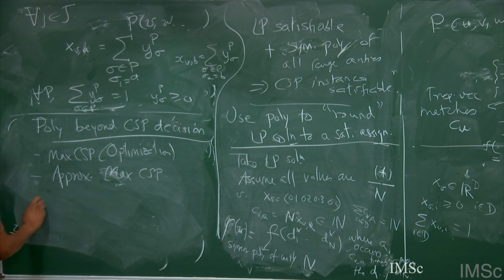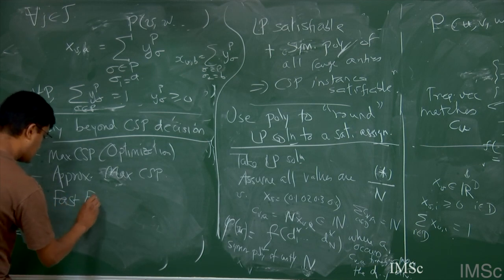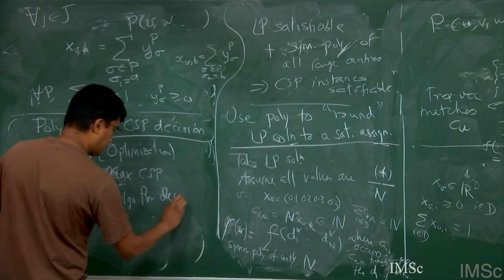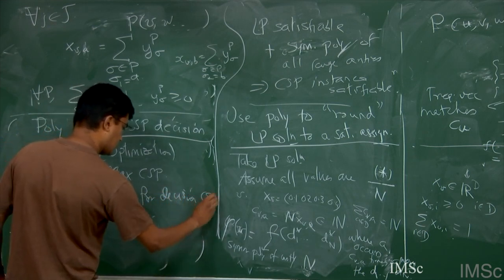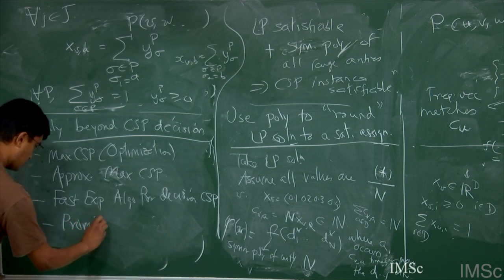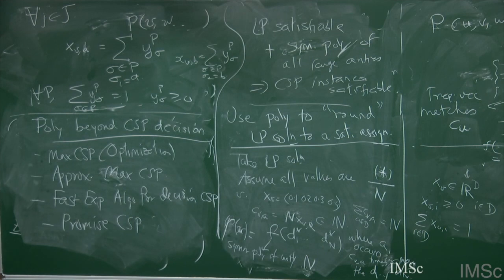And then we can also talk about, maybe CSPs are NP-hard to decide, but fast exponential algorithms for decision CSP. And then lastly, which is the current focus of us and a few others, is the extension to promise CSP, which can also be viewed as some sort of approximation, but we'll come to that.